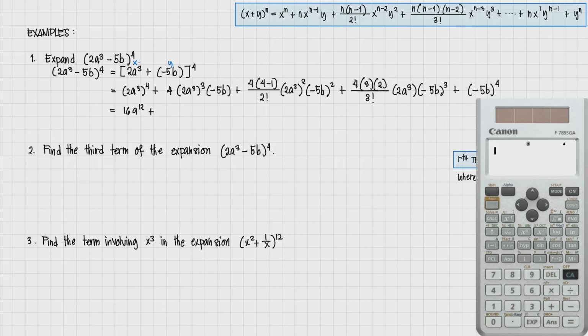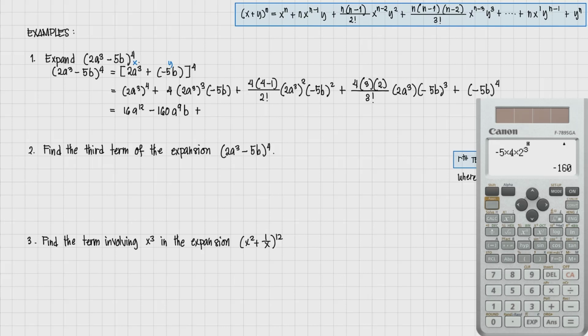So we have negative 5 times 4 times 2 raised to 3. So we have negative 160. So let's change this: negative 160 times a raised to 3 times 3, which is 9, times b.